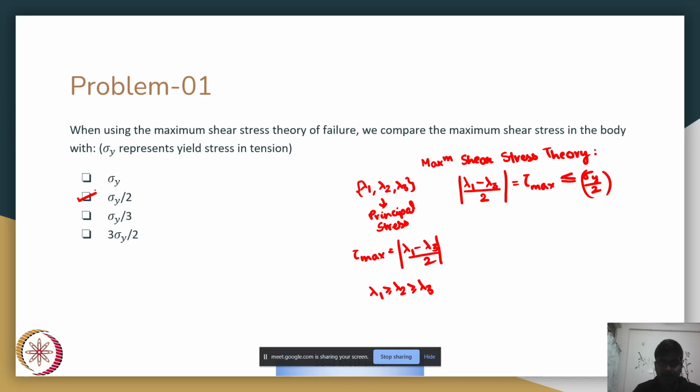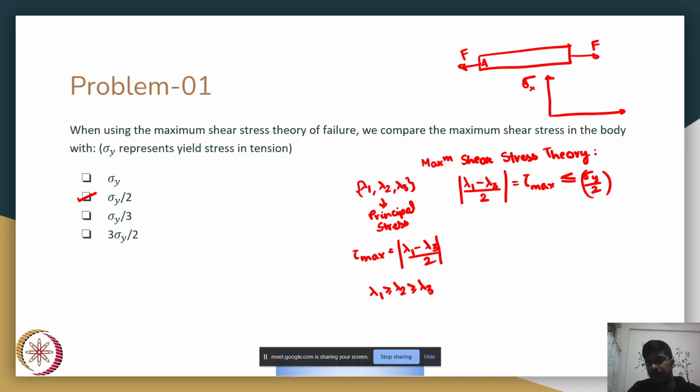Sir, what is sigma y? Sigma y is the yield stress in tension. So basically what happens is, suppose we consider a beam or a rod like this. Consider a beam and I'm applying some force F on it. Let the beam have some cross-section area A. Now I can calculate my sigma xx.